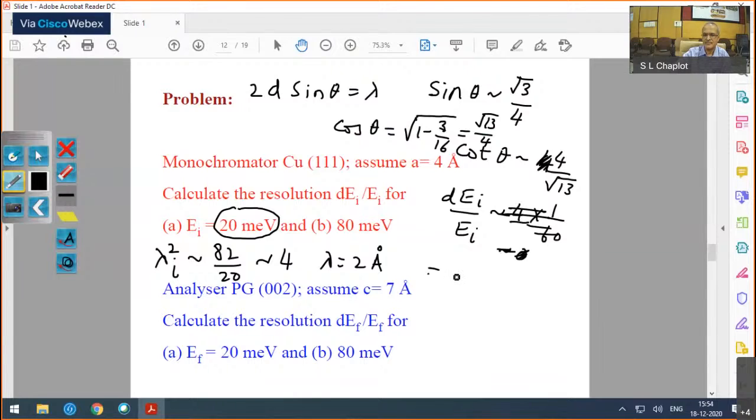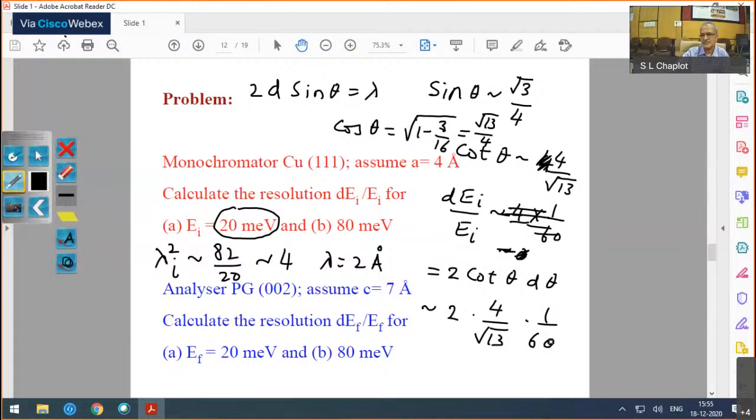Now just calculate it properly. 2 cot theta times 2 theta, so that would be 2 times 4 upon root of 13, and delta theta say something like 1 by 60.